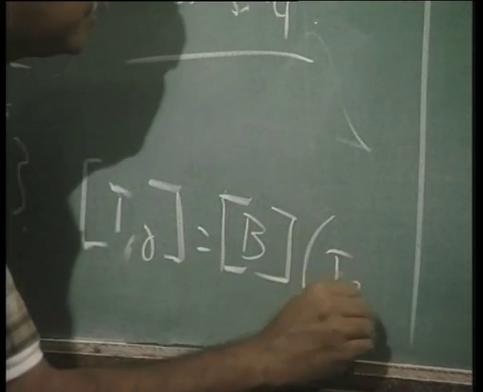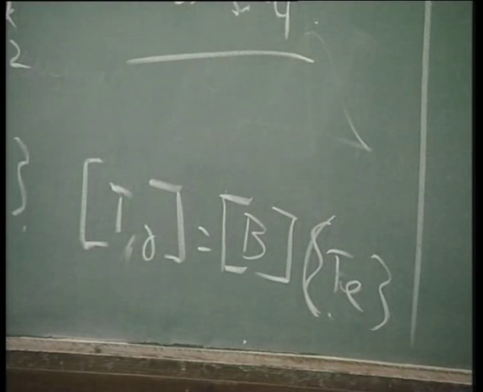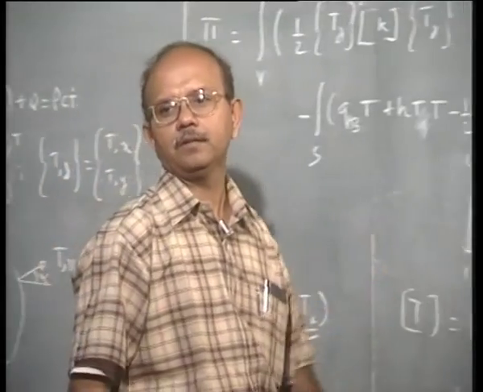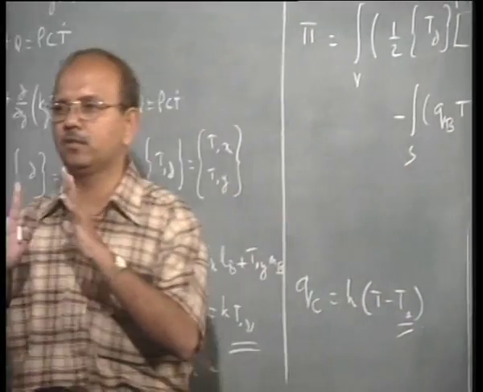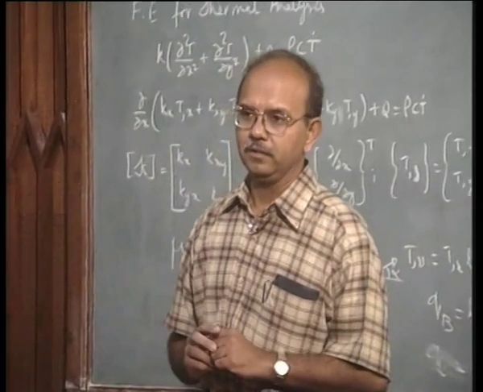We will develop this in the next class, but that is exactly how things work. Substitute it and we will derive it. We will continue now that physically you have understood these things. We will continue with the derivation in the next class.